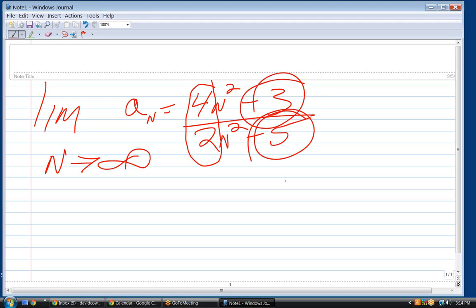I don't care about that minus 5. The only thing that determines what happens to this function as n goes to infinity is the highest degree term, which is n squared on top and n squared on the bottom. So the limit of this whole thing would go to 2. Oh, yeah. That makes it divergent.